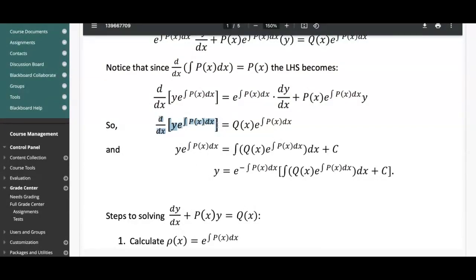We integrate this, so we get back this. Then we integrate the right-hand side. So we have this, and of course adding a constant term. This is the E term hiding here.